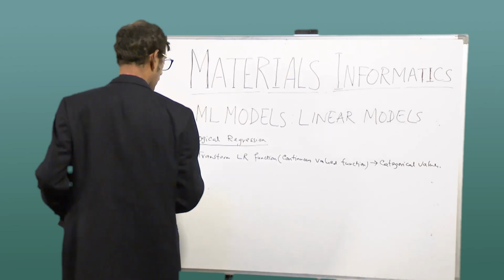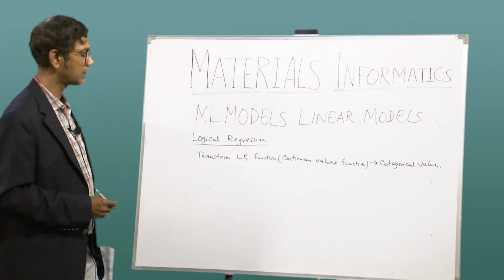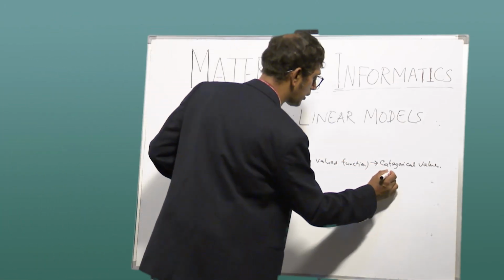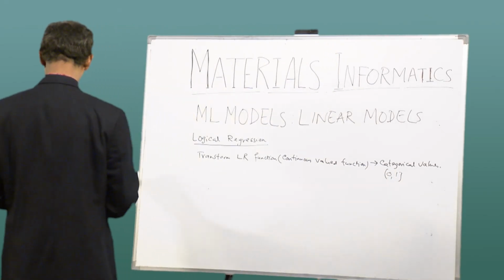Am I clear? We can always transform these continuous valued linear regression functions into categorical values, correct. So, one of the ways of categorical values is 0 and 1, yes or no.